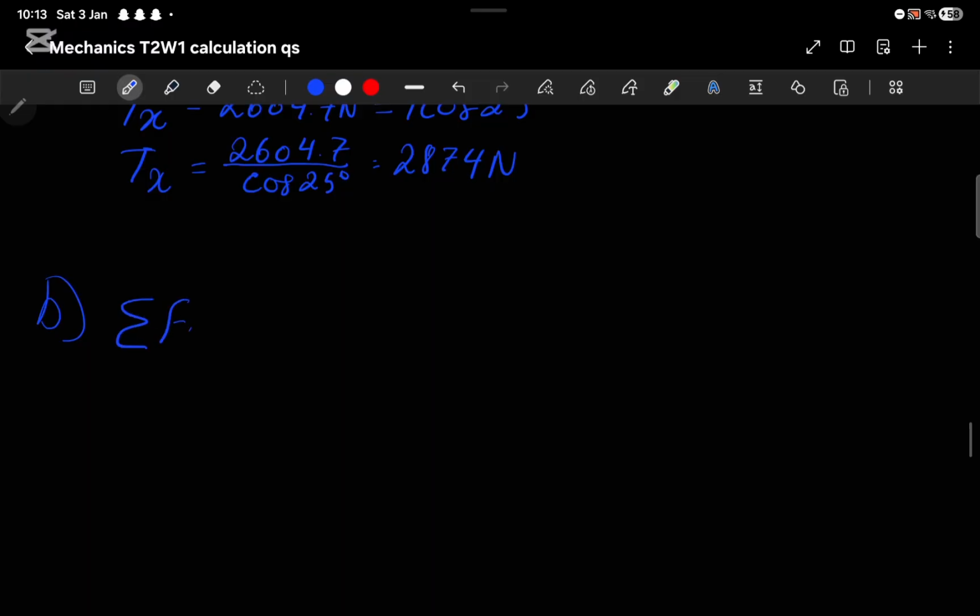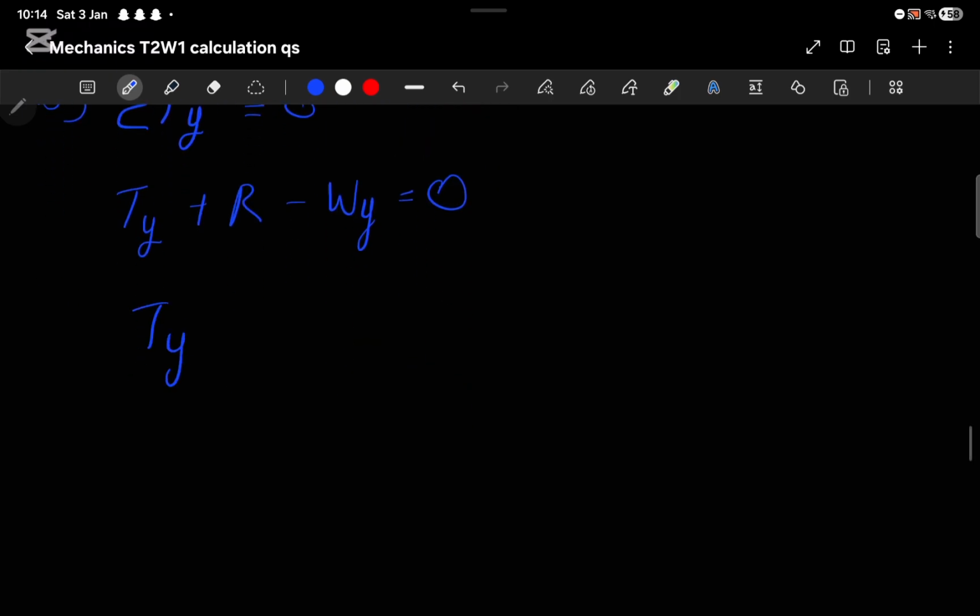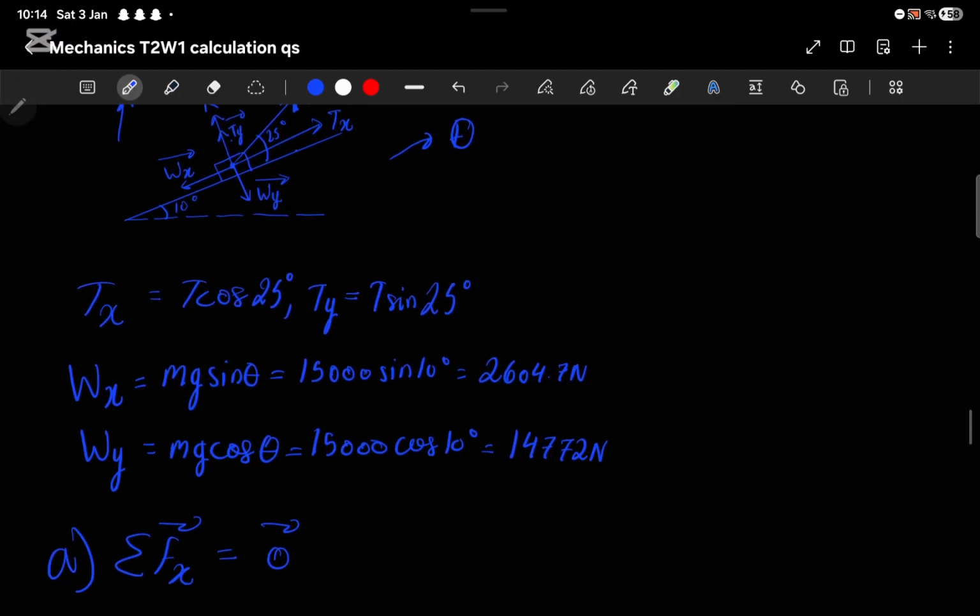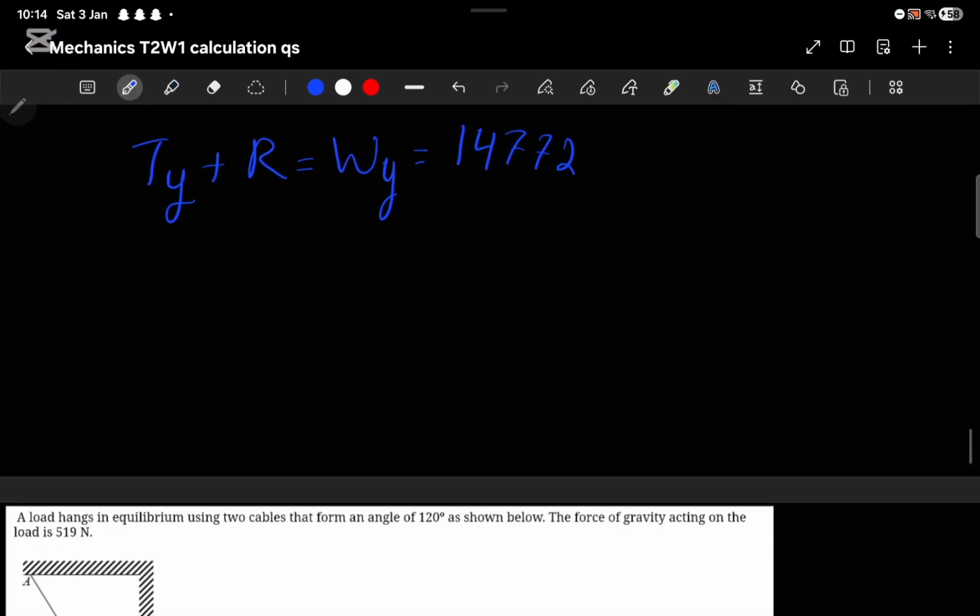And sigma Fy is equal to what? 0. So the y component of the tension, plus R minus Wy is equal to 0. What does that mean? You can take Wy to the other side. Ty plus R is equal to Wy. Wy was equal to 14,772 newtons. We found it up here. Alright. Ty is what? T sine 25 degrees, as we said.